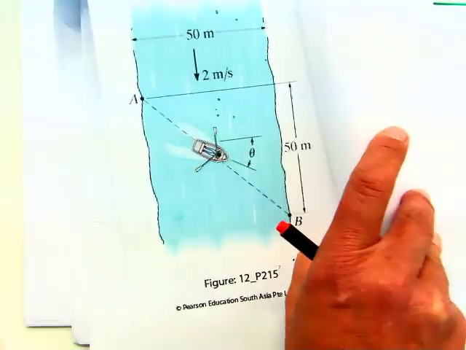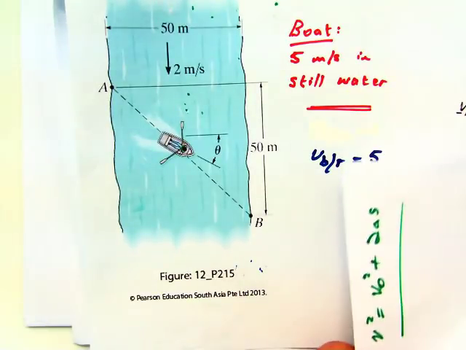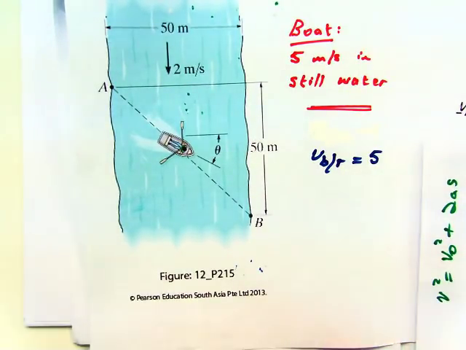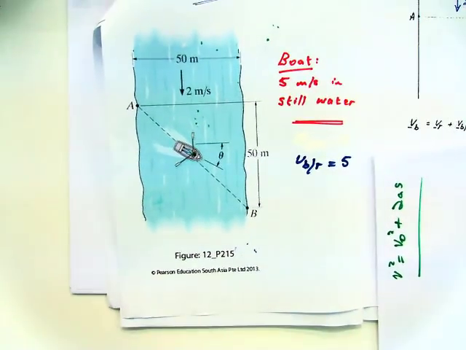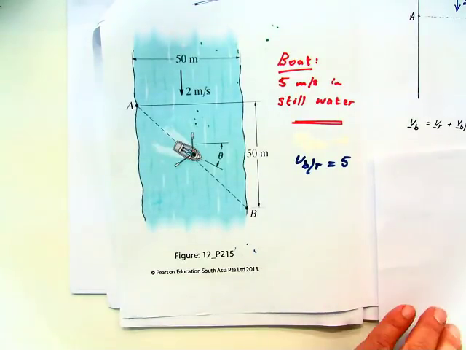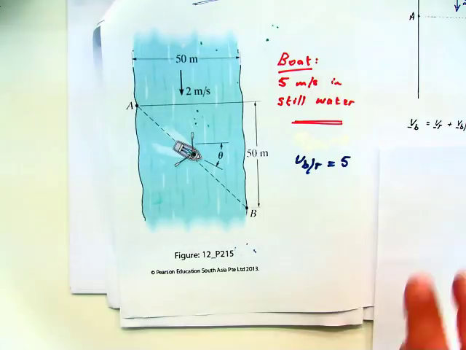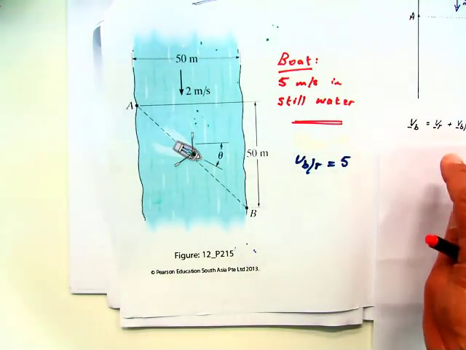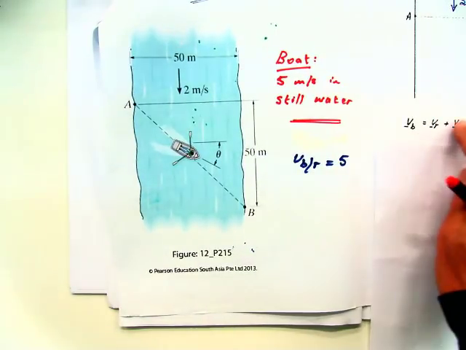So, okay, your equation here is going to be: the velocity of the boat is the velocity of the river plus the velocity of the boat relative to the river. That's your equation. And once you have that equation, then you can figure out how to draw this diagram.